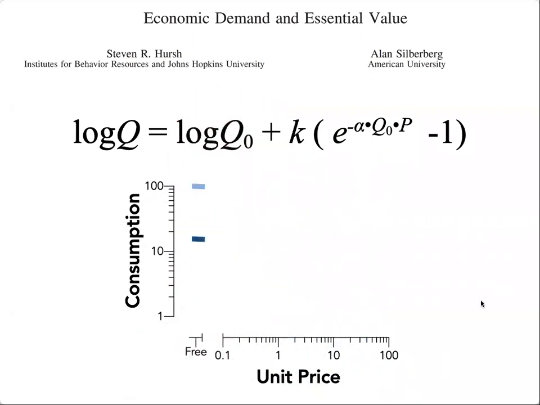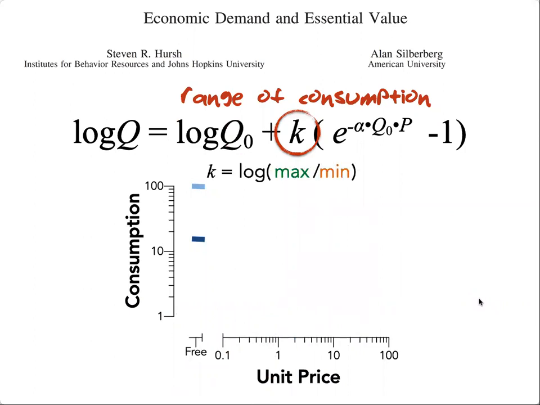All right, so moving along our demand curve, let's talk about K. The best approach for handling K in general is to take the log range of consumption. A way we can do that is to find our maximum consumption and our minimum consumption value and divide, and we take the log of that span.